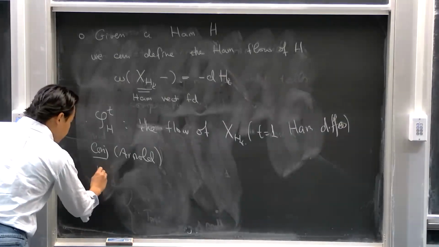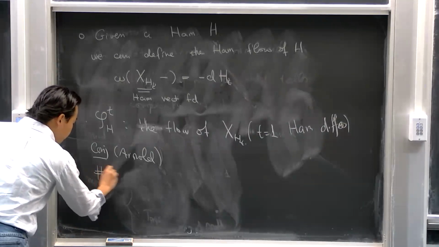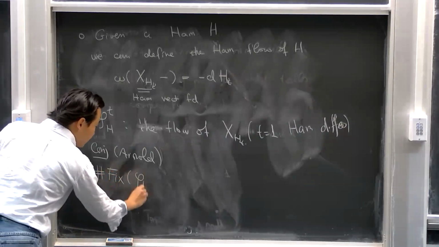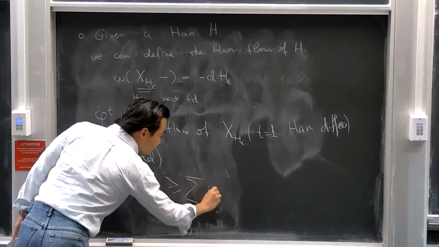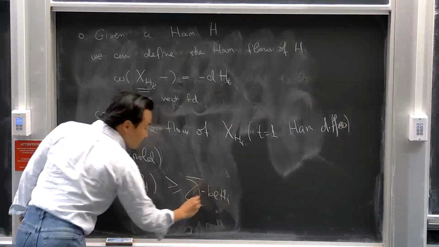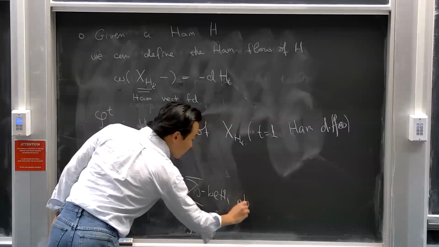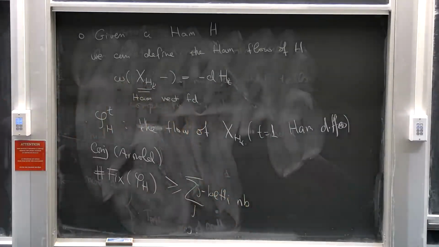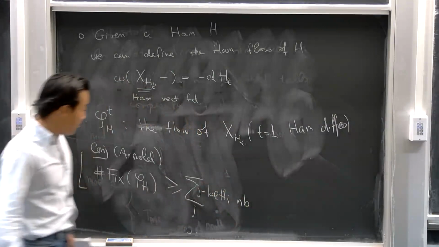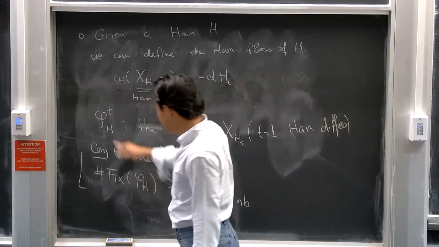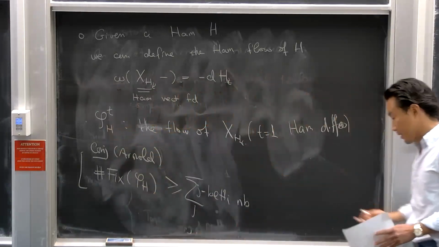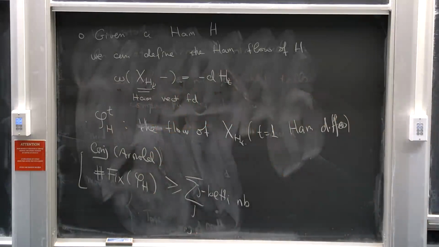So he said it should have at least the number of the Betti numbers, for example, of fixed points. So this Hamiltonian diffeomorphism has a very strong rigidity property.